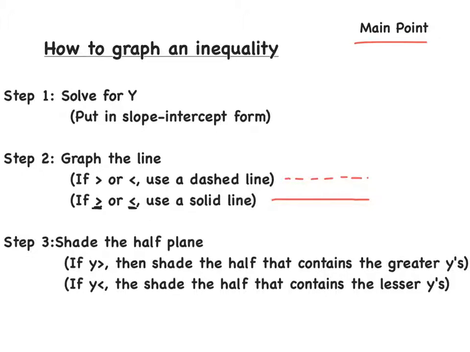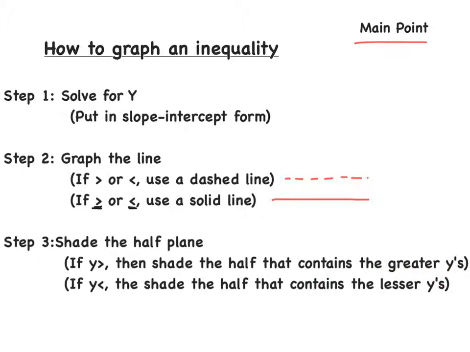Step 3. Once you have put it in the y equals mx plus b form, once you've graphed it, you're then going to shade half of the plane. In your y equals mx plus b, if y is greater than, then you're going to shade the half that contains the greater y's.